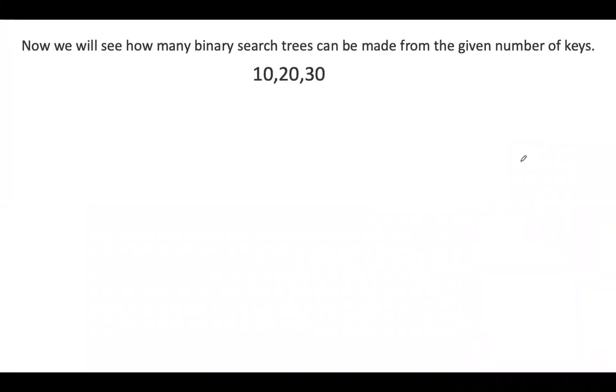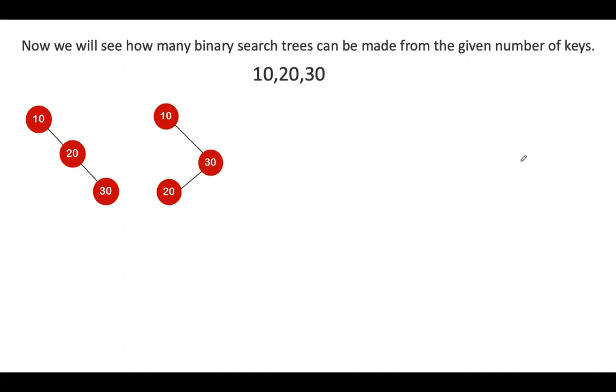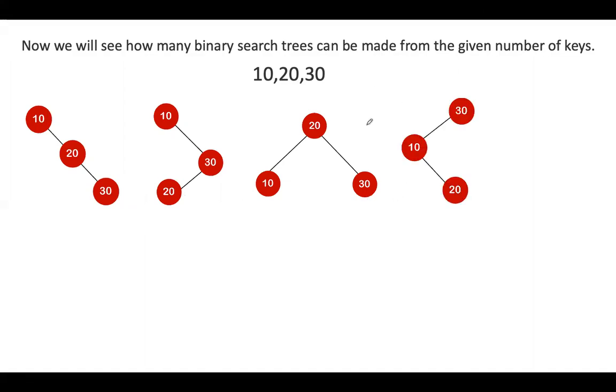Next we shall see, I have just 3 keys. For these, we have to construct the binary search tree. Just for these 3 values, how are we going to construct the binary search tree? Either I can construct the tree like this, 10, 20, 30, or like this, with 10 as root, 20, 30, or 20, 10, 30, or you can do it like this, 10, 30, 20, or 30, 10, 20.